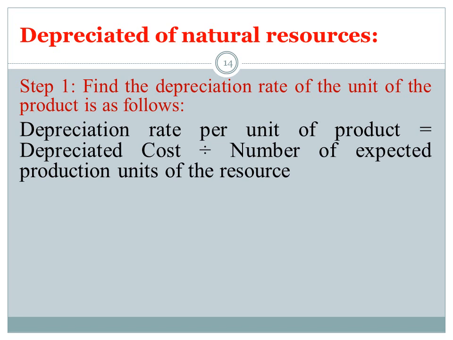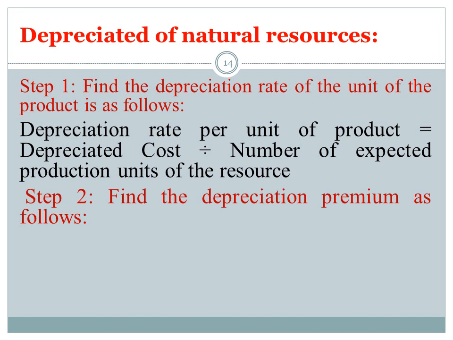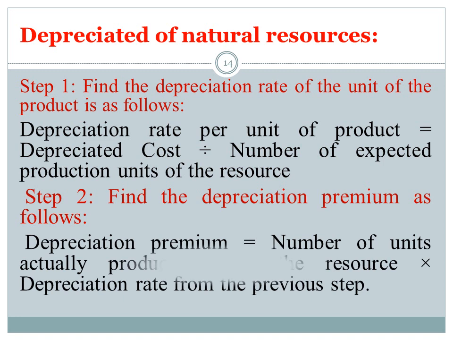Depreciation rate per unit of product equals depreciable cost divided by the number of expected production units of the resource. Step 2: find the depreciation premium as follows. Depreciation premium equals the number of units actually produced using the resource multiplied by the depreciation rate from the previous step.